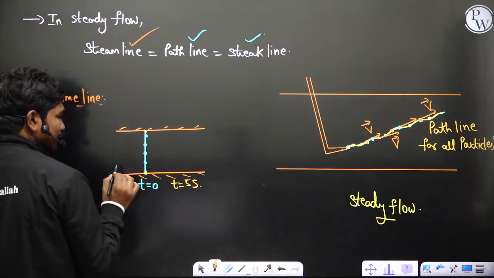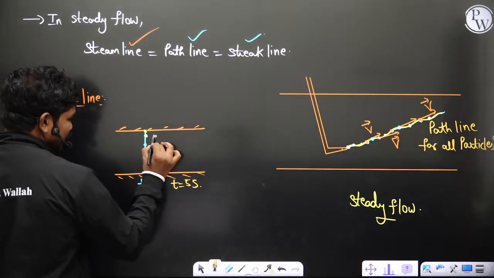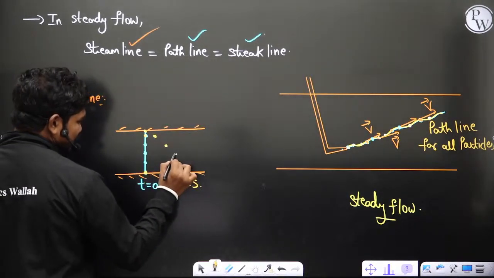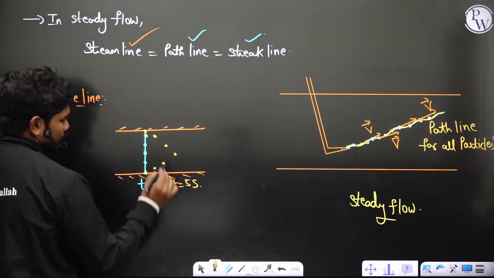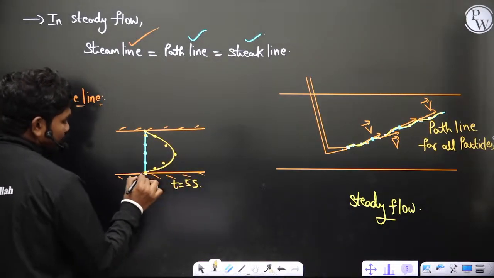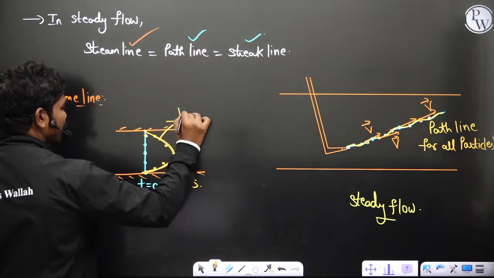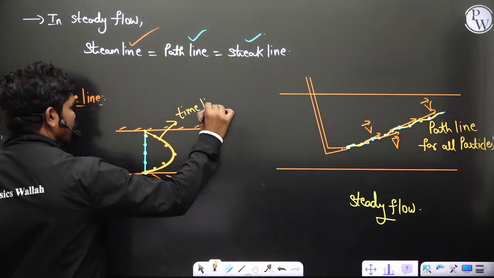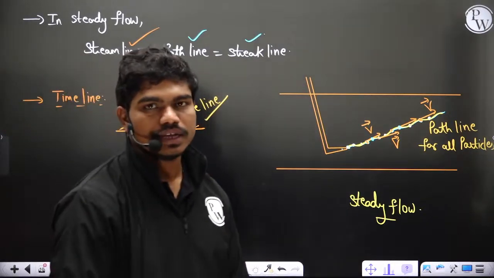This also stays here because of no slip condition. But since these are close to the boundaries, this particle displaces slightly here, this displaces here, this displaces again here, and so on. So if you see, this is the movement of the particles, and if you join all these particles, this is a timeline. Basically, this gives you the movement of the particles with time. That's it. So this is timeline.